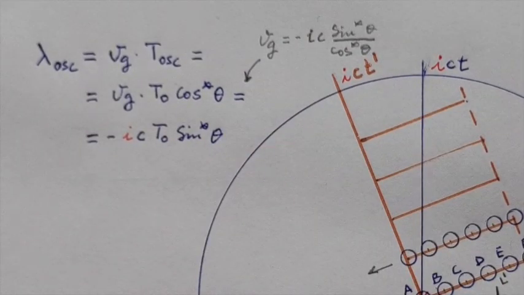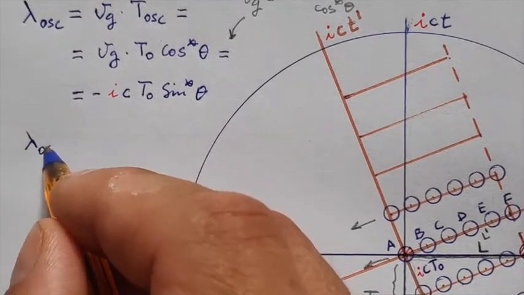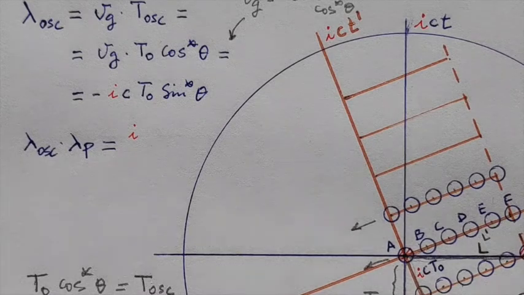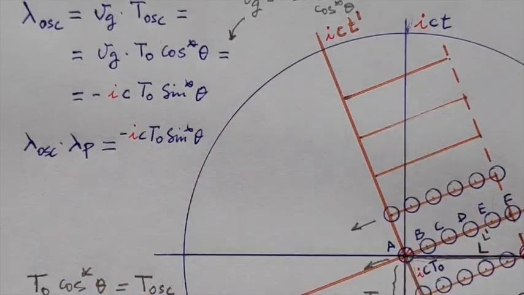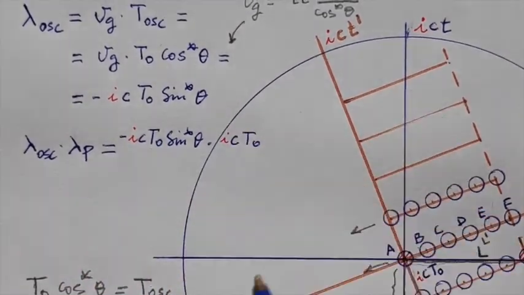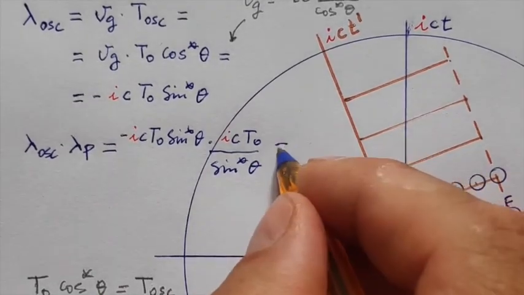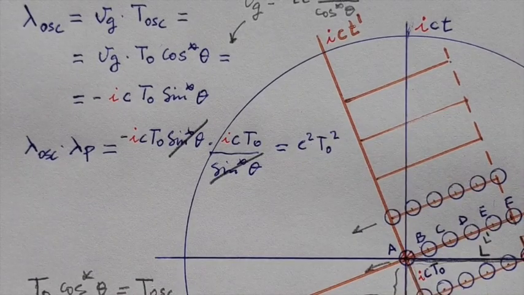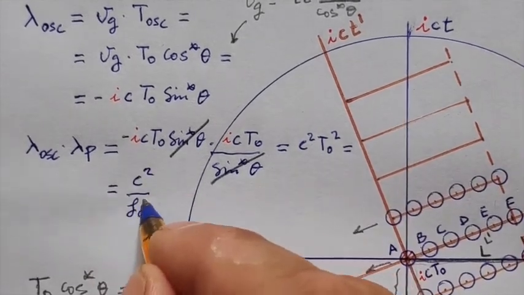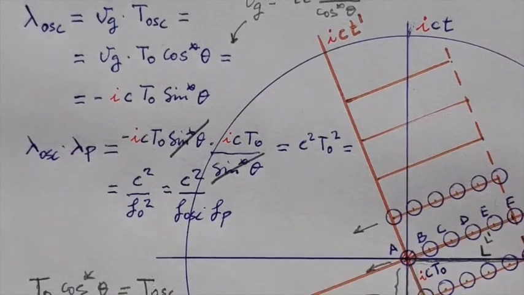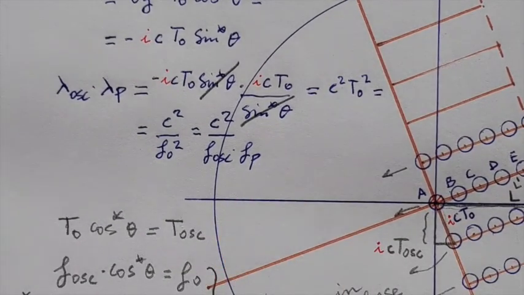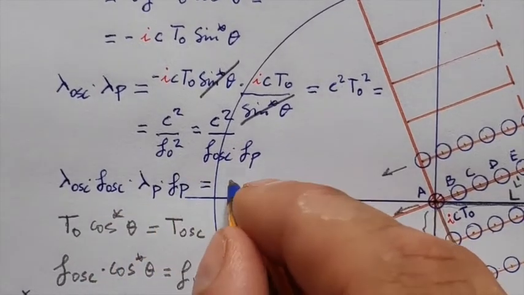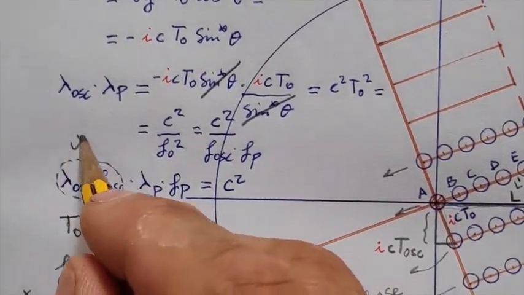Multiplying this result by the wavelength of the phase wave we have just found above, and expressing the result in terms of a product of frequencies in the denominator, then it is seen that if the frequencies are moved to the left of the equation, one recovers what we already know, the fact that the product of velocities is c squared.